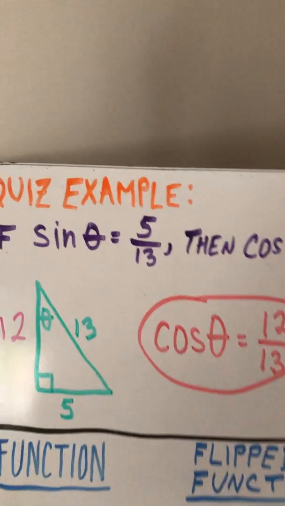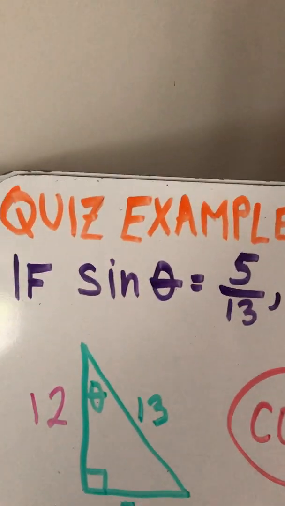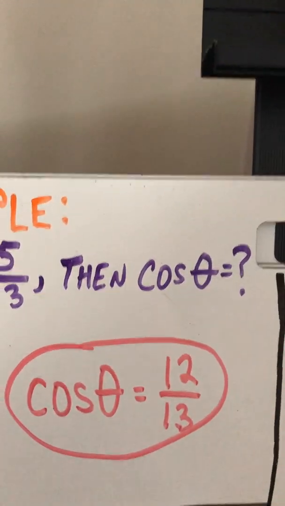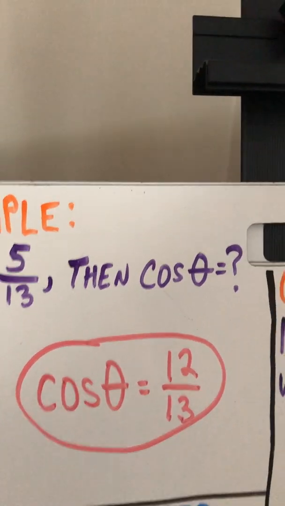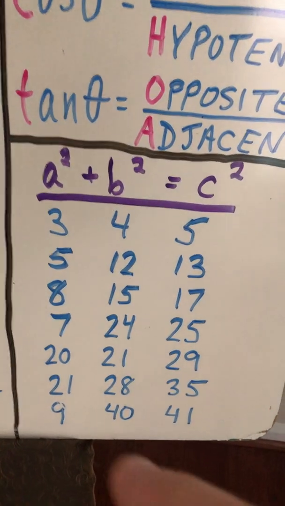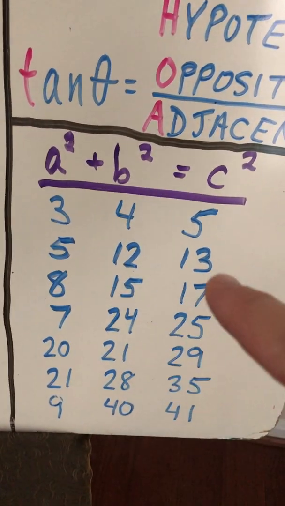Next case. Here is a quiz example. If sine of theta is 5 over 13, then what's cosine of theta? Hopefully you wrote this down. Do you see the 5 and the 13?